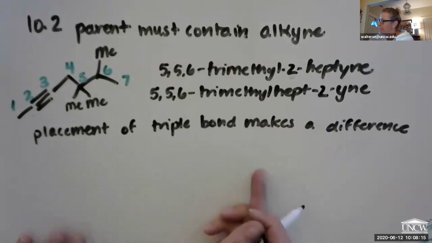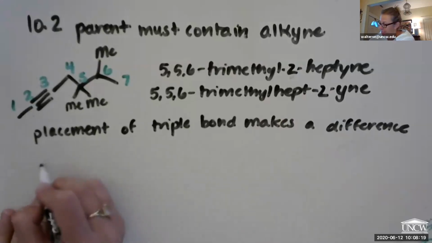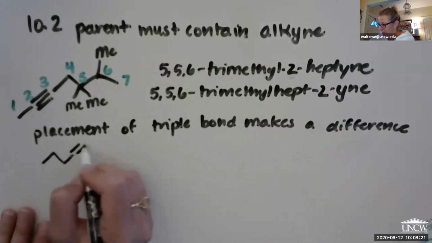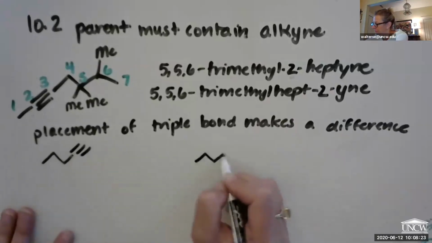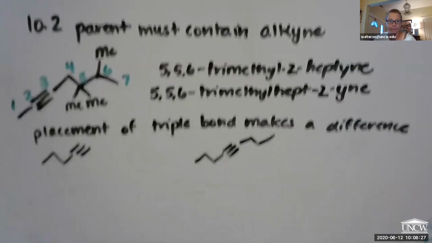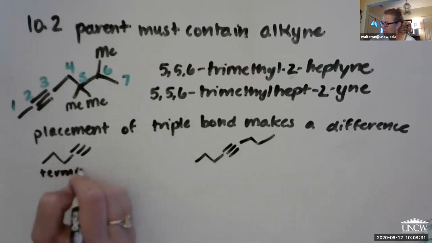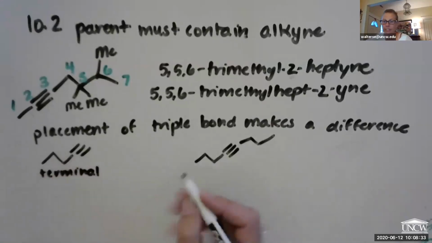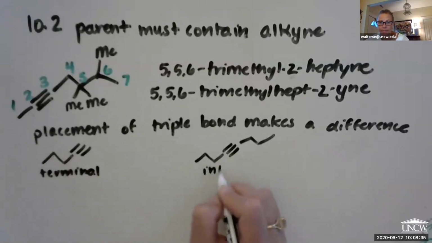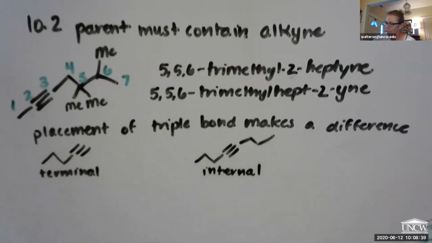Okay, so the placement of a triple bond makes a difference. And what I mean by that is, this is called a terminal alkyne. This is called an internal alkyne. They differ in a couple ways.